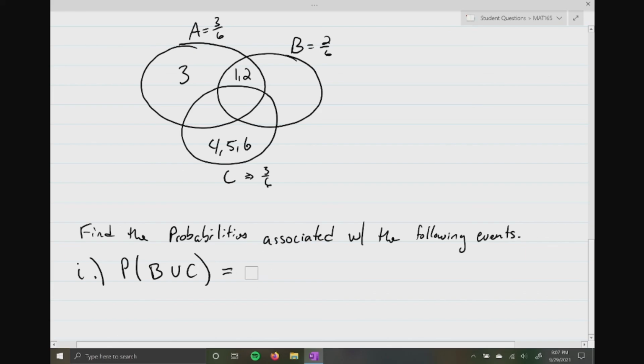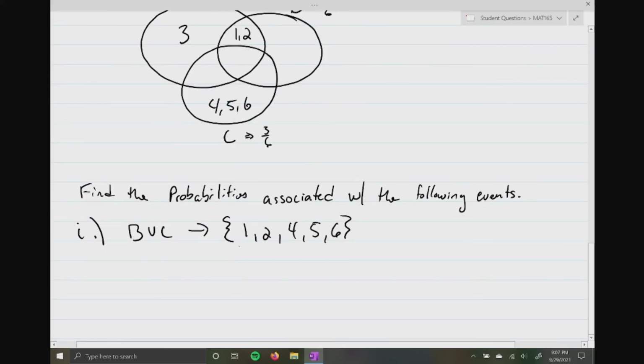Actually, let me write out the events first. So B union C, the events are 1, 2, 4, 5, and 6. So you have a total number of outcomes, which is 5, over the total sample space, which is just 6. Okay? And that is it for these two problems.